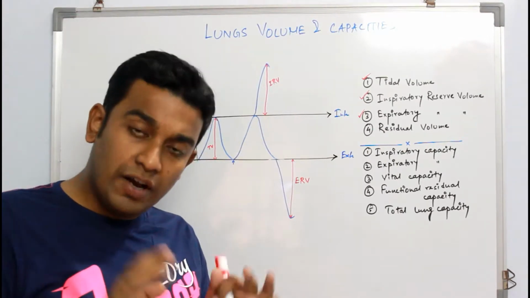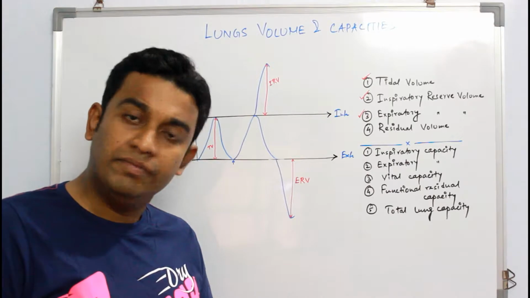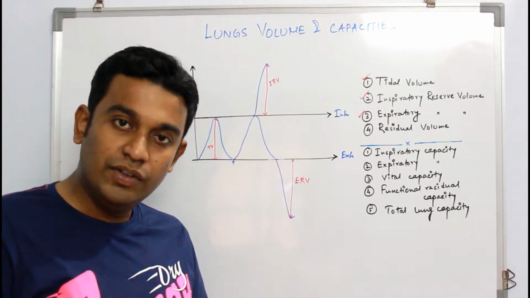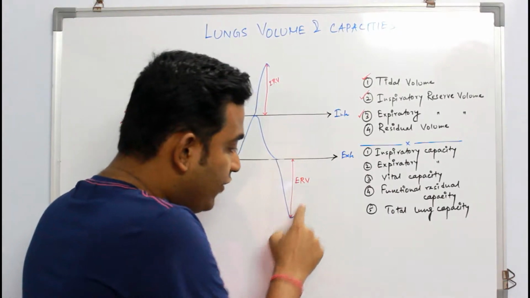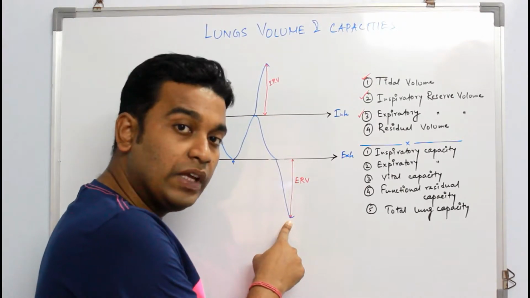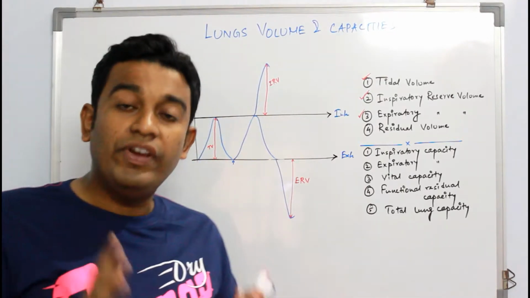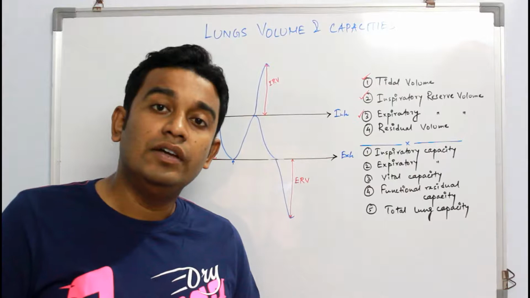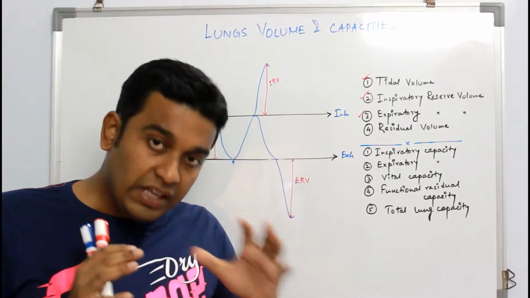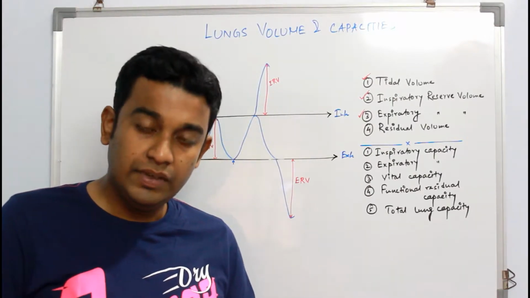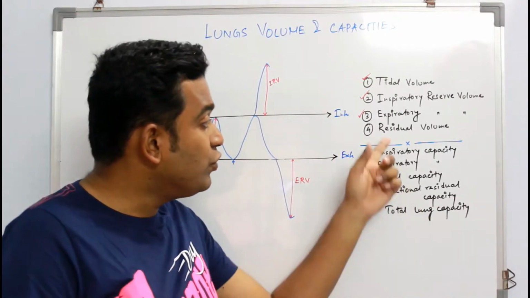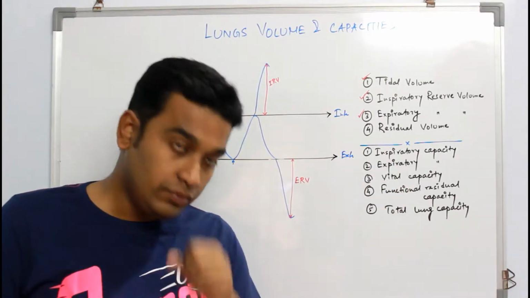Is the lungs now completely empty? No, it's not. So right after the ERV also, there will be a certain amount of air which will always be left in the lungs, and that volume is what we call residual volume.